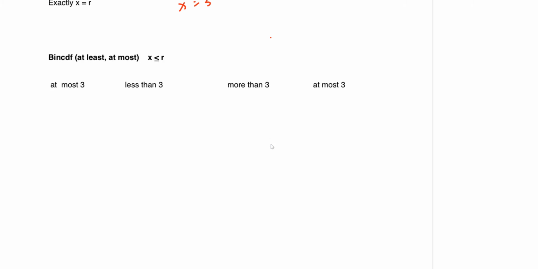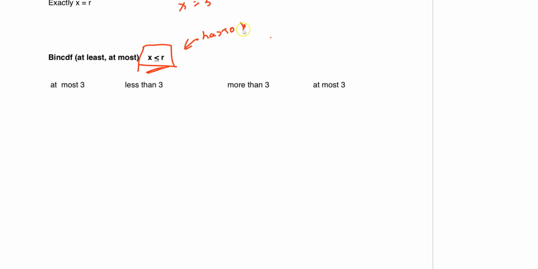Now binomial CDF is a little more complicated because it only works at a specific time. It only works when they want at least or at most. But when I say a specific time, it only works for less than or equal to. That's it. If you have greater than or equal to, or anything else, you got to change it until you get to here. It has to be less than or equal to.